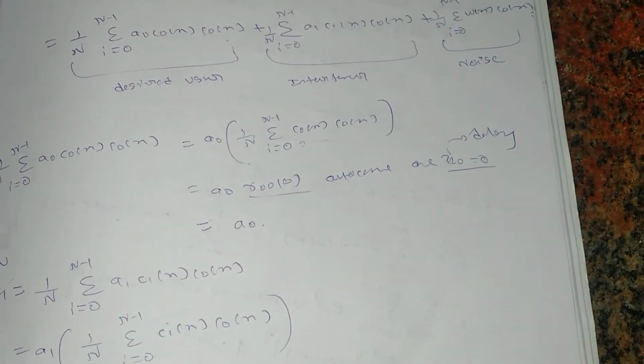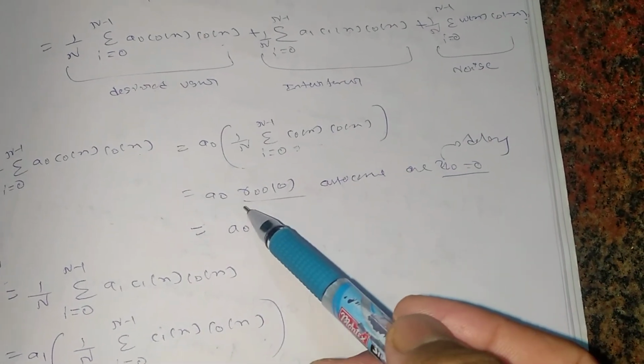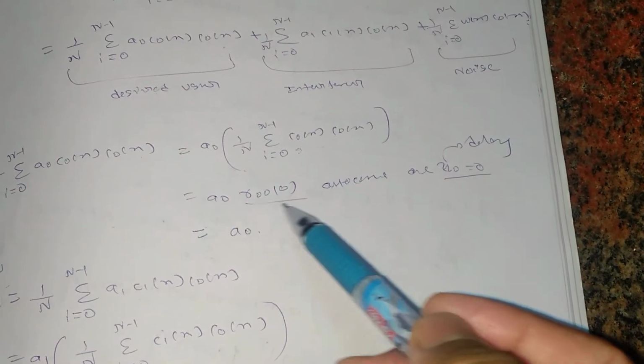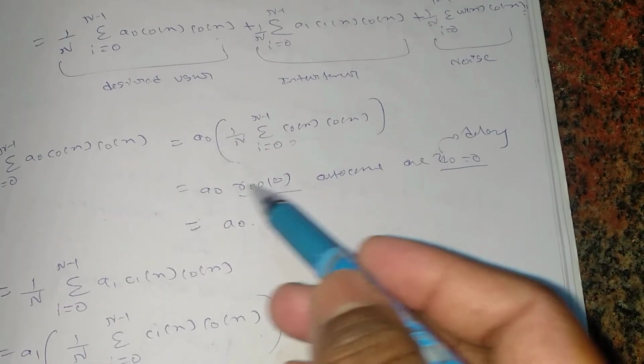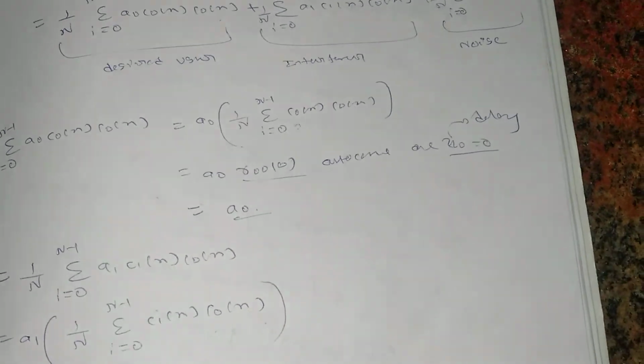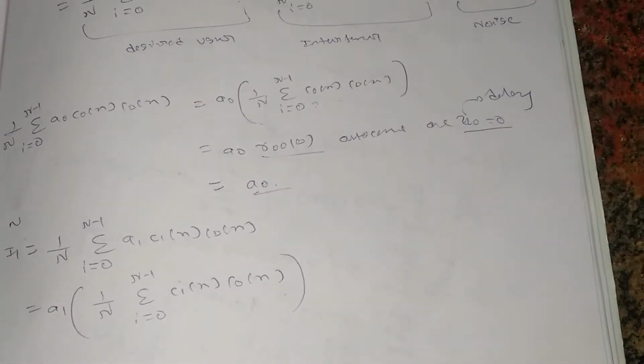There is no n minus 1 component here, only the n component, that means no delay. So this is the autocorrelation R00 of 0, and we know that autocorrelation is equal to 1, so a0 into 1 will be equal to a0 itself, right? So now I have found the first component, that is, the desired user.